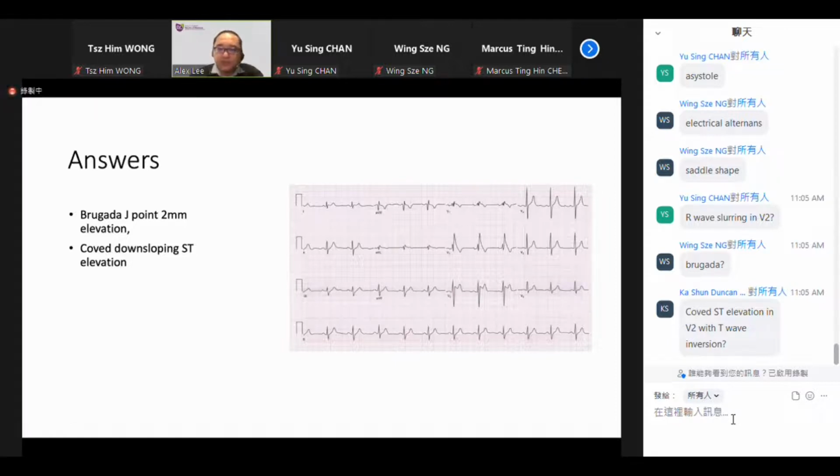It looks like a right bundle branch block, but it is not. It's a downsloping ST elevation that gives you an illusion that it is a right bundle branch block, but it's actually part of the ST segment downsloping.